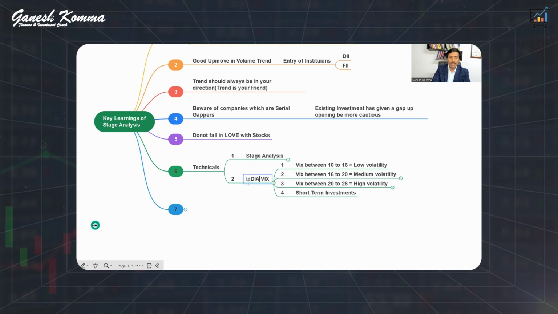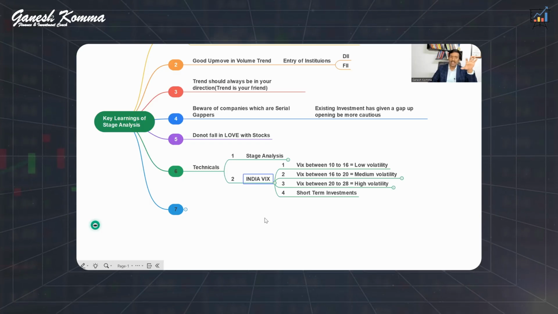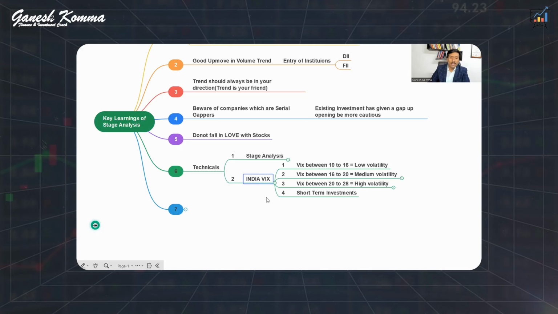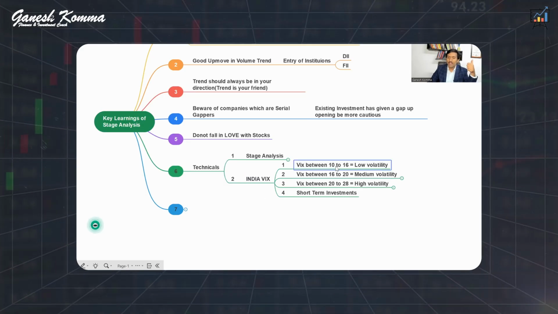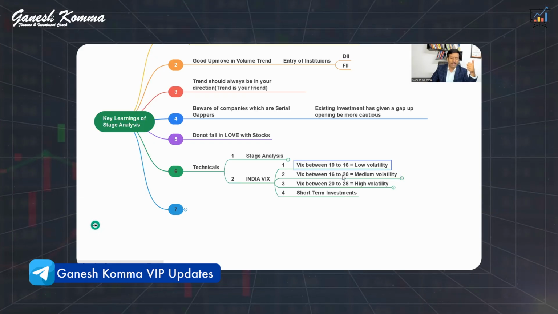Wherever you load your stocks or sectors, just select India VIX in the symbol search. In TradingView, you load India VIX, and when VIX is between 10 and 16, it's a low volatile market.